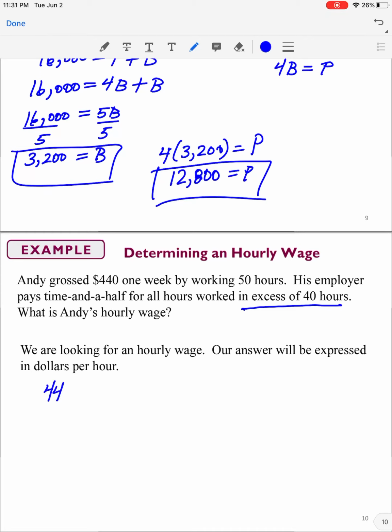So he got $440 that he made. He gets his total money by the hours that he worked. So he worked 40 hours at his regular pay, plus 10 hours at his regular pay, plus half of his regular pay.